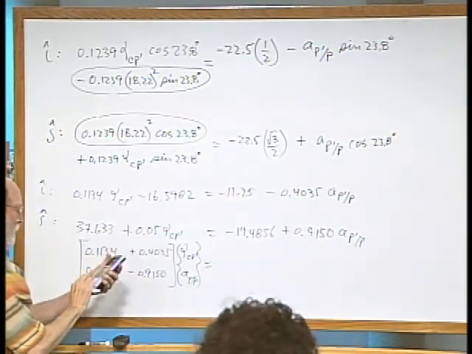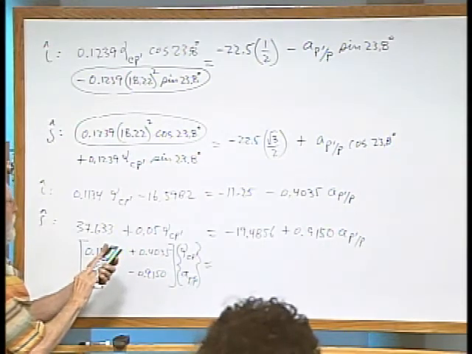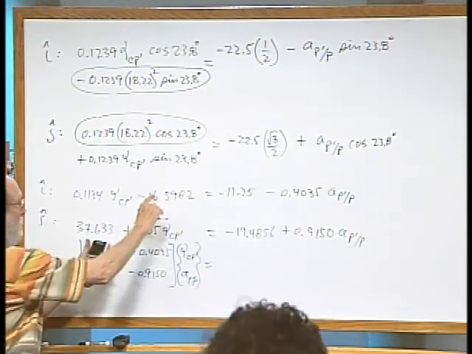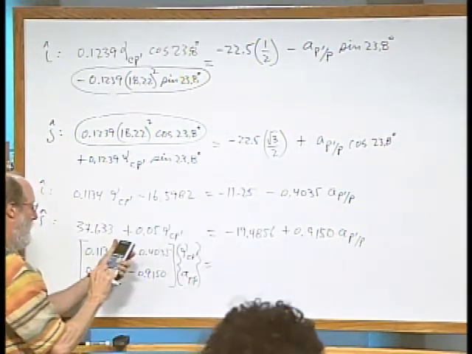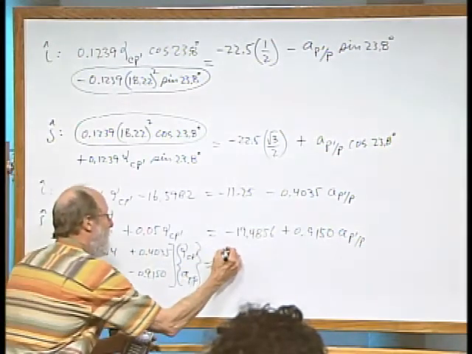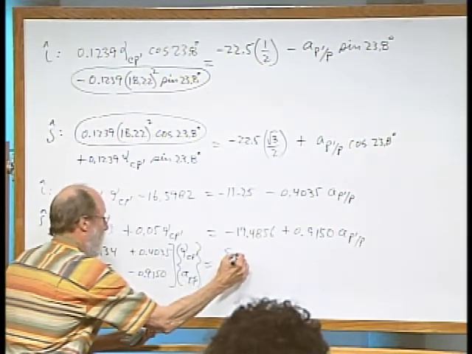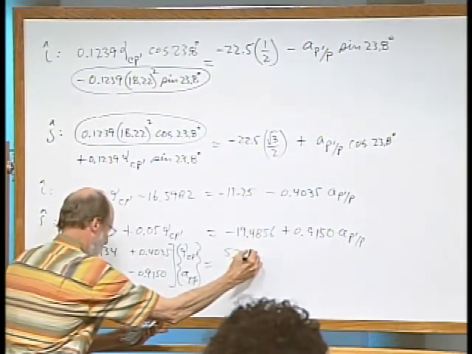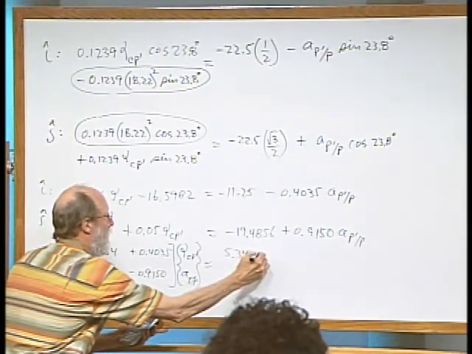So I have a 16.5982 positive, taking away the 11.25 for a 5.3482. You guys can check this, do your own work on this and see if we agree with the results.